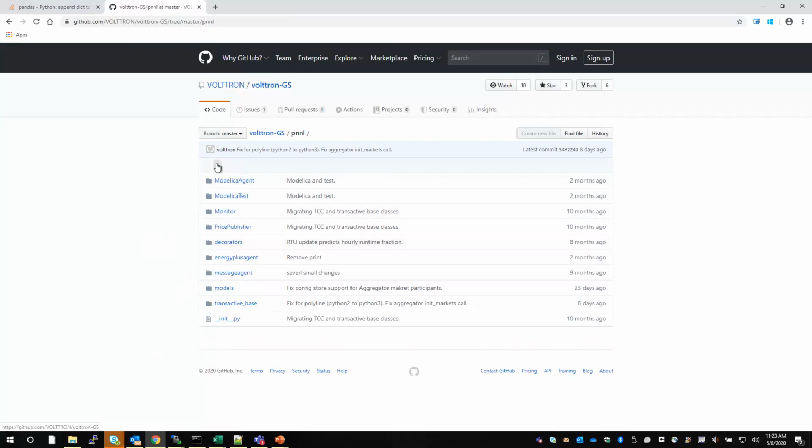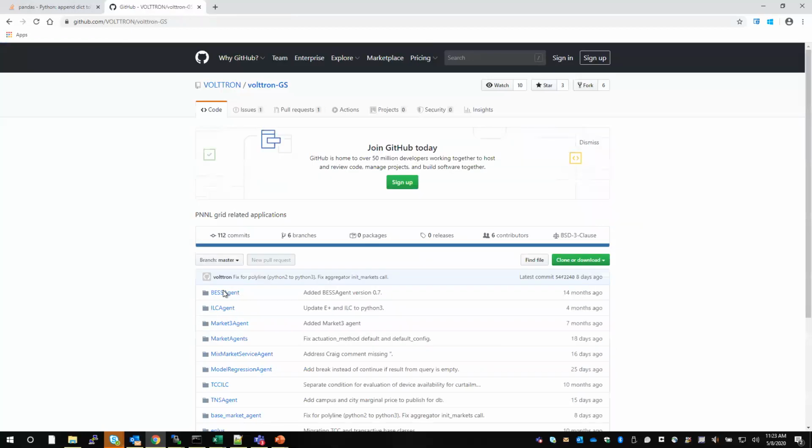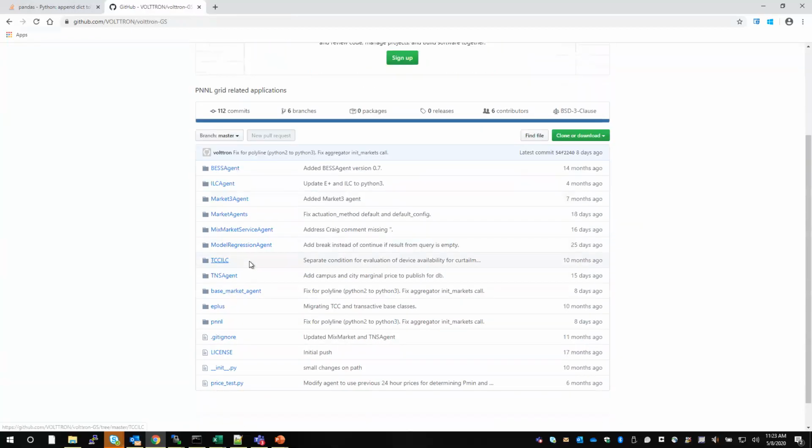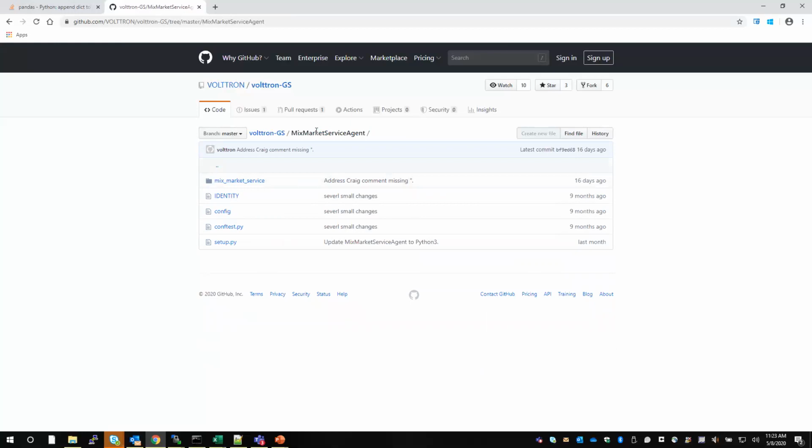The last part of the TCC structure is going to be the Voltron market service. And that lives in this mixed market service agent.